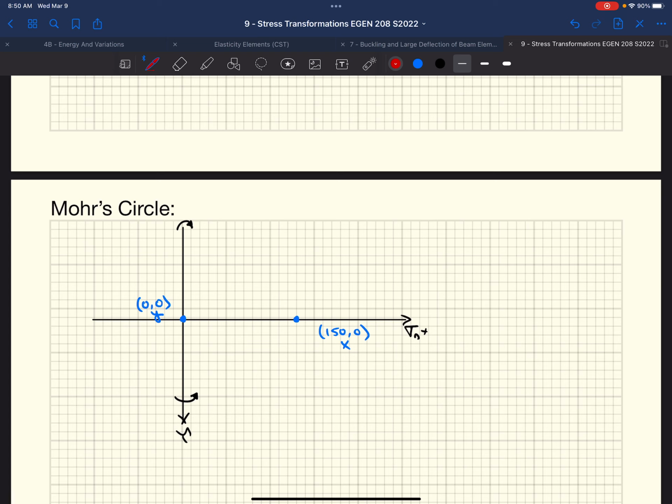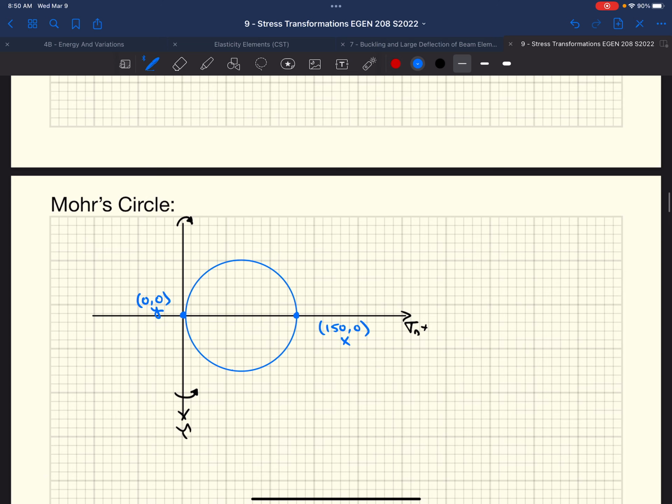Now I get to draw a circle, which I really enjoy on the iPad. Okay, so we draw this circle. It should have sat right at the origin. It's pretty close.